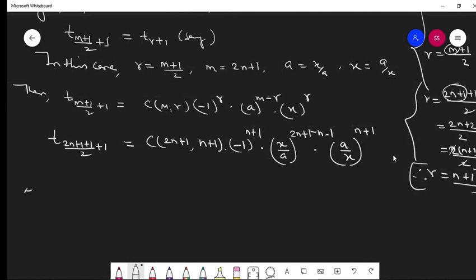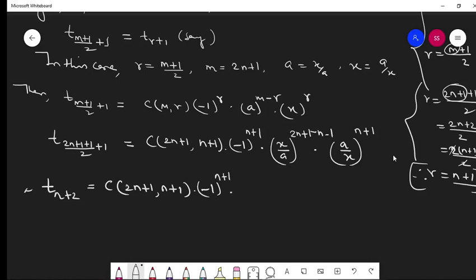And dear students, while solving this, what did we obtain? (2n plus 2) by 2 plus 1 gives n plus 2. The next term is n plus 2. The first term was n plus 1, the second is n plus 1 plus 1, that's why it is n plus 2. It is clear. Now, dear students, see: 2nC(n plus 1), the first part, times minus 1 to the power n plus 1.